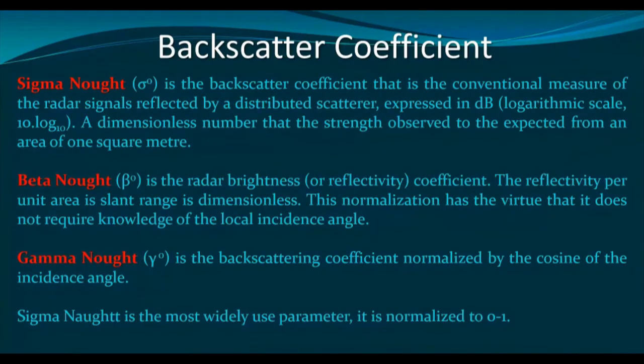Different SAR images in sigma naught notation can easily be compared. Additionally, experienced interpreters are able to retrieve information about surface scattering mechanisms or surface properties in a sigma naught image.